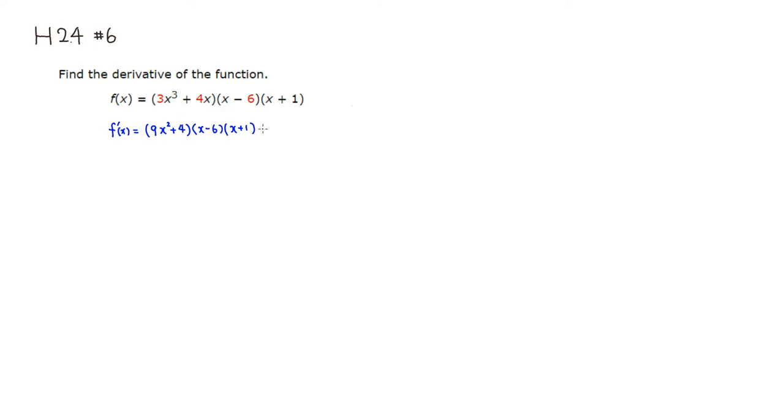Then plus, leave the first guy alone, so you have 3x cubed plus 4x, but we take the derivative of the middle guy, which is just 1, then multiply by x plus 1.